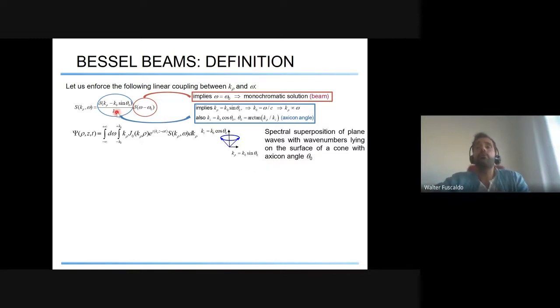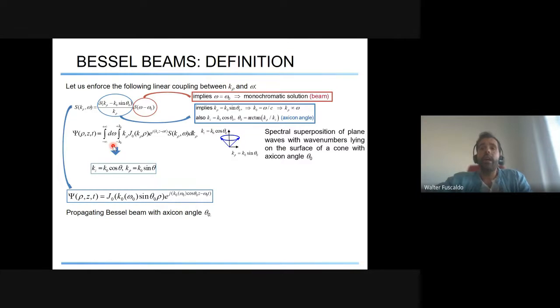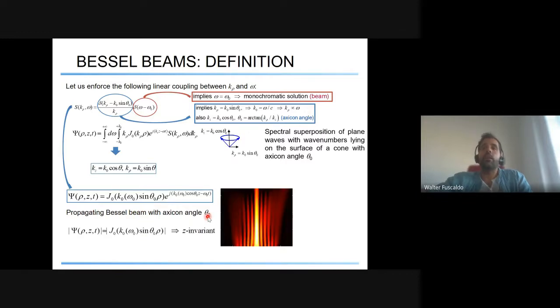So if we enforce this spectrum inside the general integral relation of the Helmholtz equation, we get this closed-form expression that represents actually a propagating Bessel beam with an axicon angle theta naught.